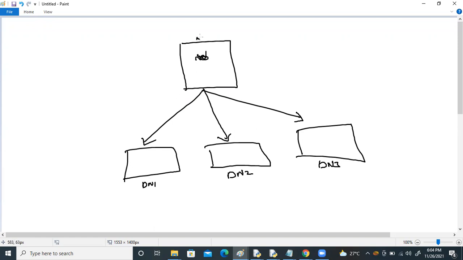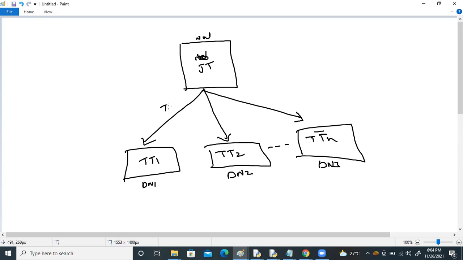Within this name node you have the job tracker available. Here, task tracker 1, task tracker 2, task tracker 3.